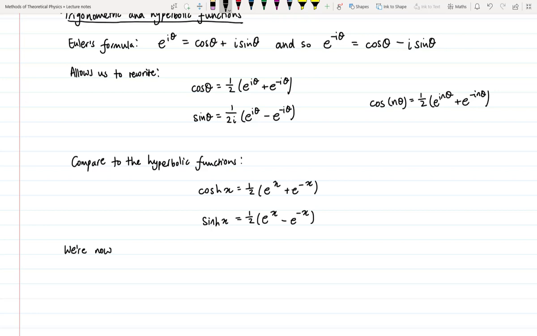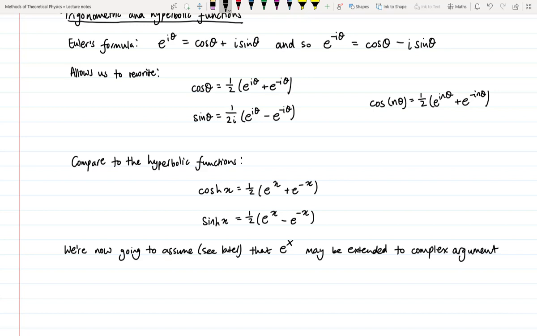We're now going to assume, see later, that e to the x may be extended to complex arguments. In other words, things like e to the z, where z is complex.